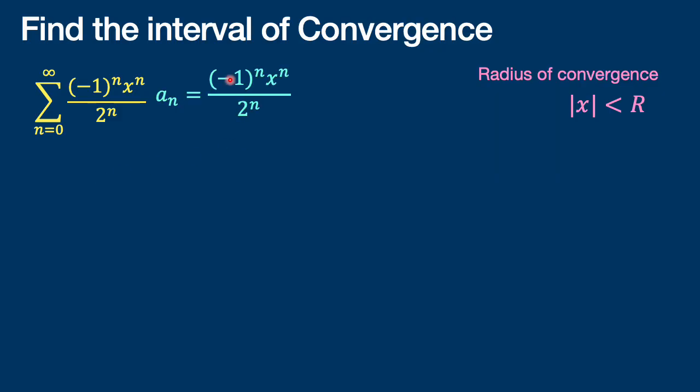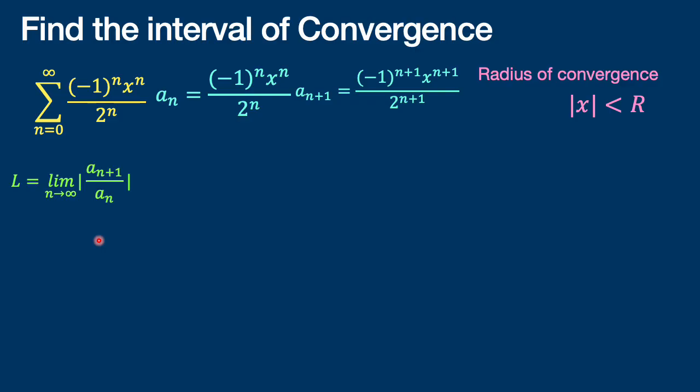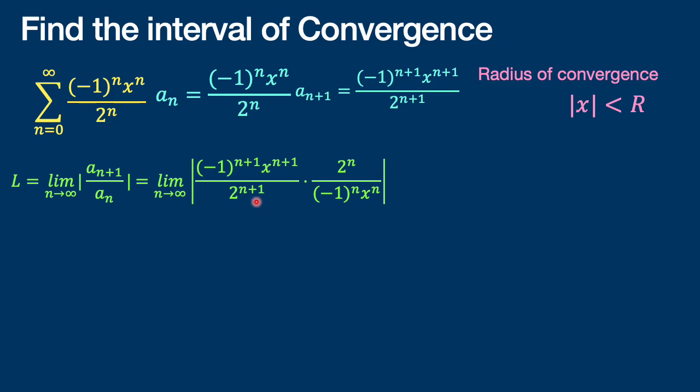So a_n is going to be negative 1 to the n power x^n over 2^n. a_(n+1) is going to be negative 1 to the n+1, x^(n+1) over 2^(n+1). So we find the ratio of consecutive terms.